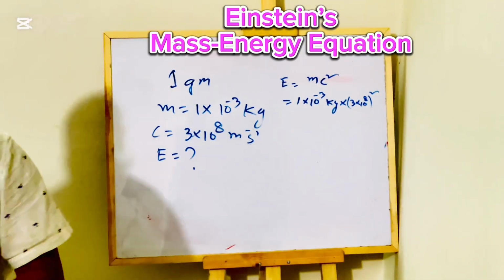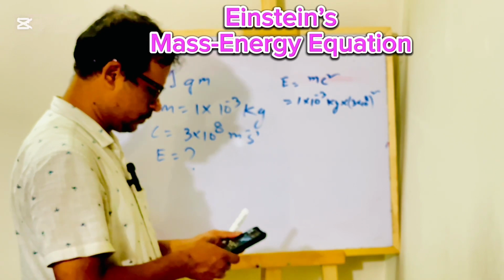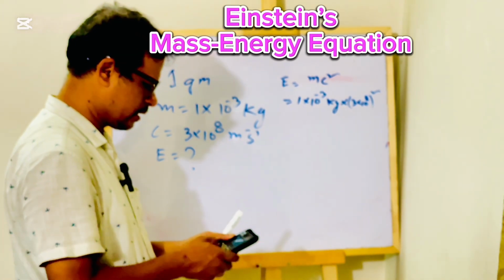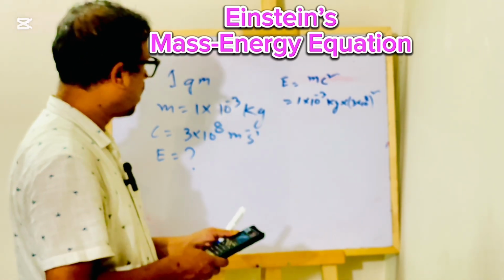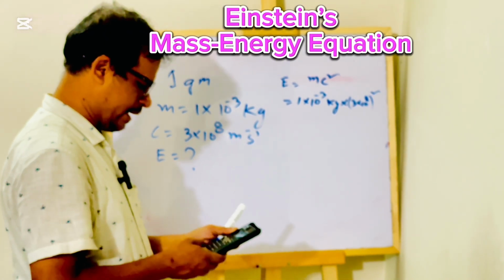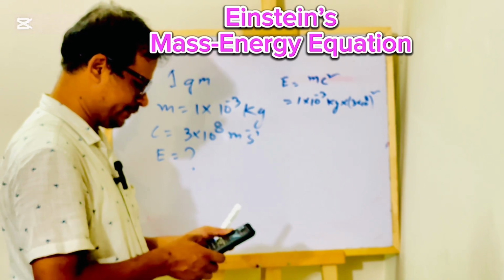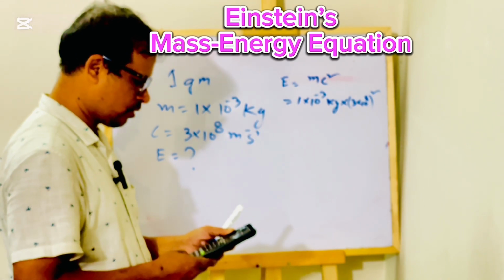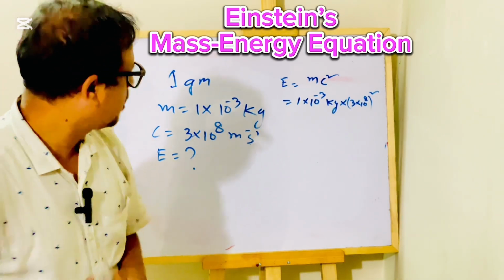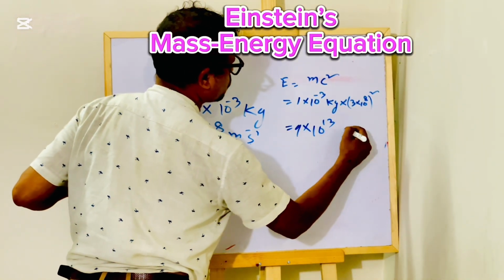Interesting, what will be the answer? 10 to the power minus 3 into bracket 3 into 10 to the power 8 squared. The result is 9 into 10 to the power 13 joule.